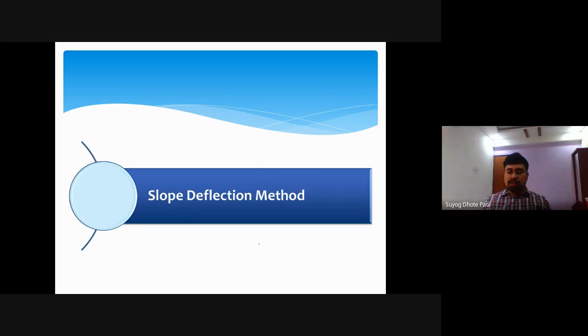We will solve that simple numerical and discuss the member forces and the external application of forces, all these parameters. After this, we will consider the moment distribution method, the MDM method, with one small numerical, and we will solve that. Then we will stop. So first of all, we will take the slope deflection method.